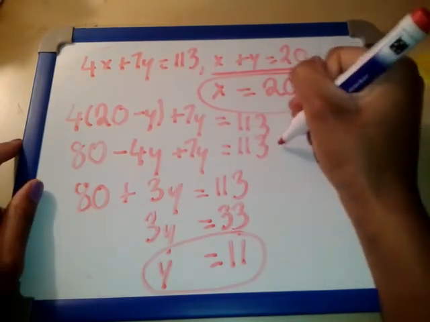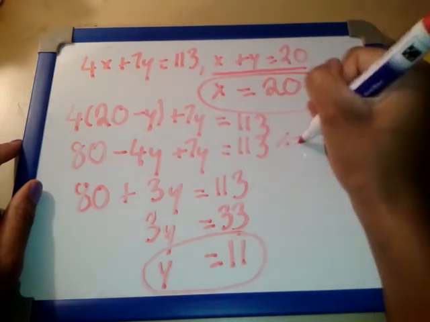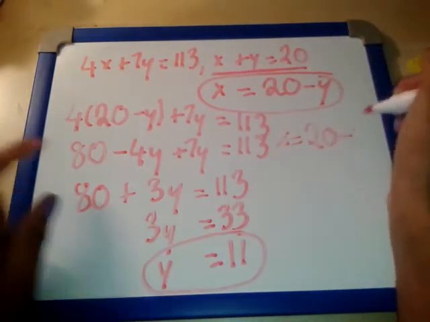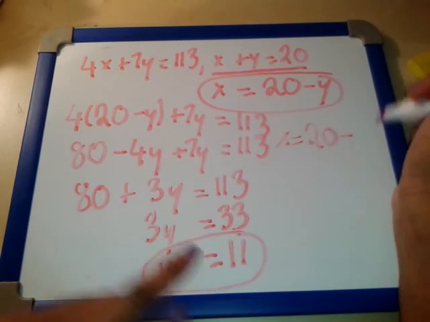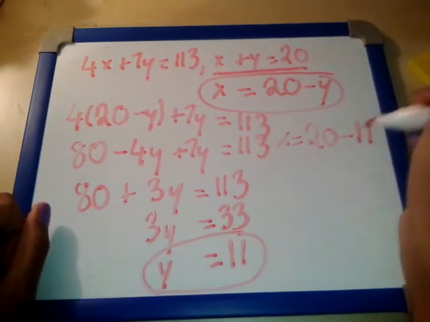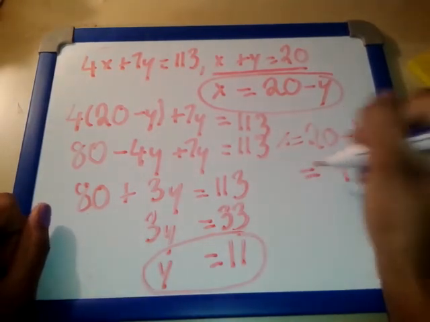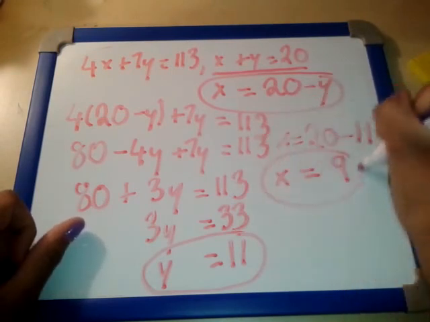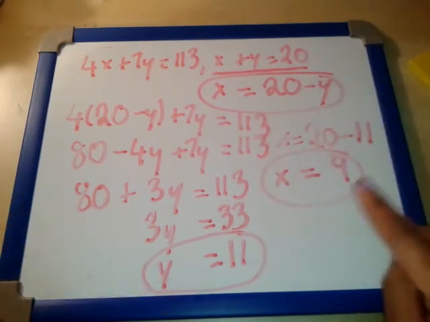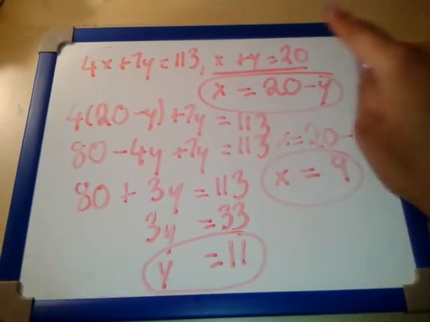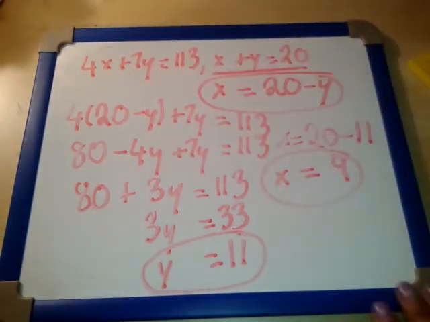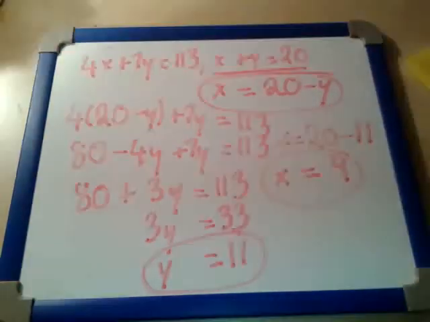So x is equal to 20 minus y. We know that y is equal to 11. So x equals 20 minus 11, which equals 9. So our solutions are y equals 11 and x equals 9. And if you put them back into the original equations, both of them will work.